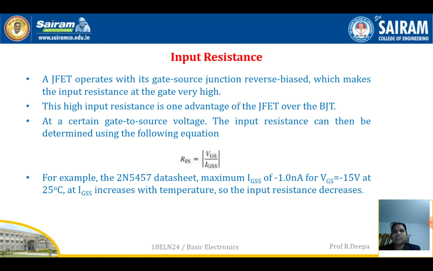We can determine it using the relation RIN equal to modulus of VGS by IGSS. In the data sheet, we can see the maximum IGSS of -1 nanoamp for an operating gate source voltage of -15 volt at 25 degrees C, and IGSS increases with temperature, so the input resistance decreases. If you keep increasing the temperature, the resistance offered by the FET decreases.